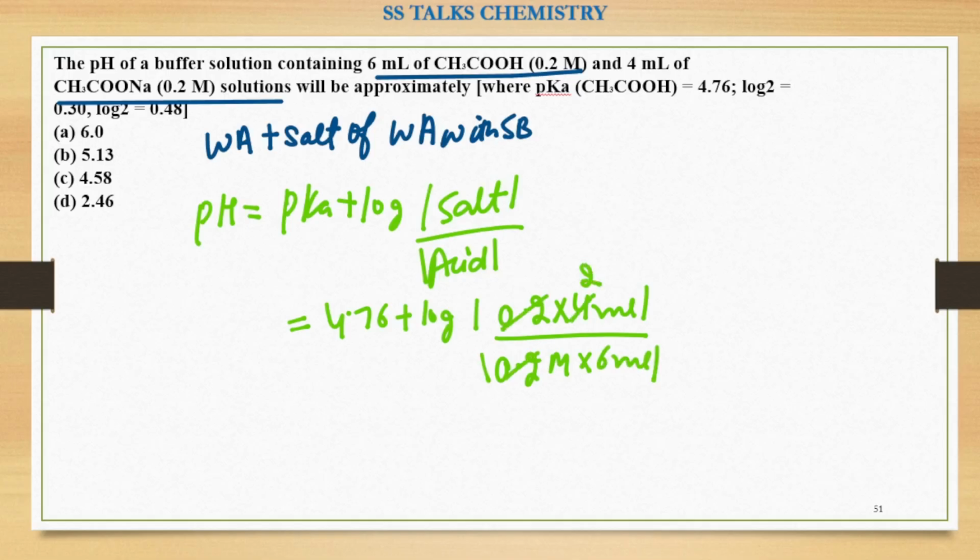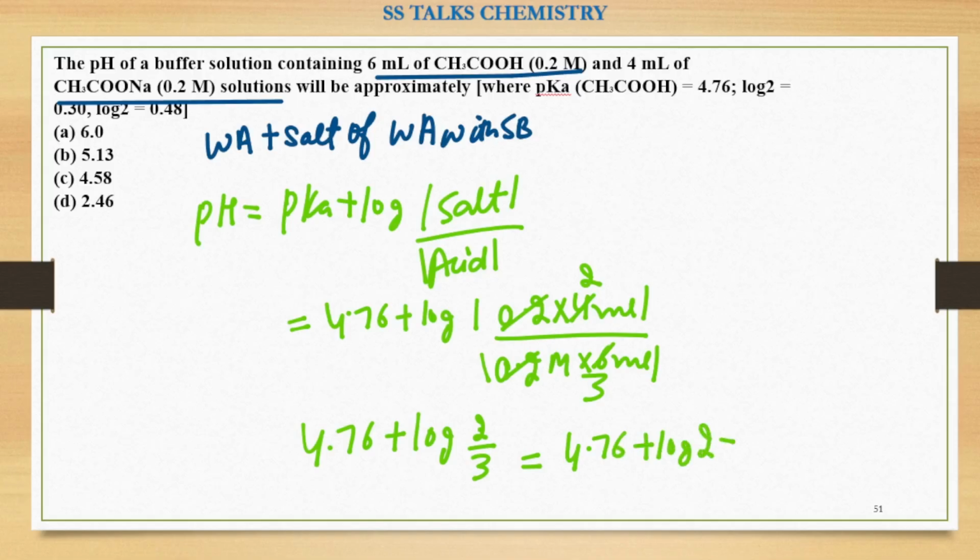This is 2 by 3. So 4.76 plus the log of 2 by 3, which we can write as log 2 minus log 3, because log m by n is log m minus log n.